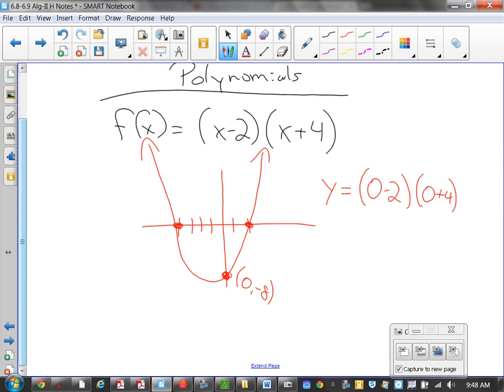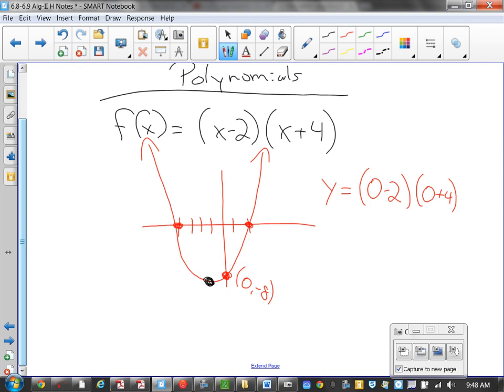Okay. Now, the other thing is, this being a quadratic, because it's an x squared term, we know that the vertex is a what? Is the vertex a maximum or a minimum? It's a minimum. Why do we know it's a minimum? So we know that this point down here would be the minimum.